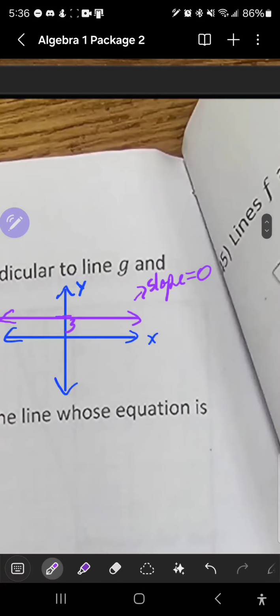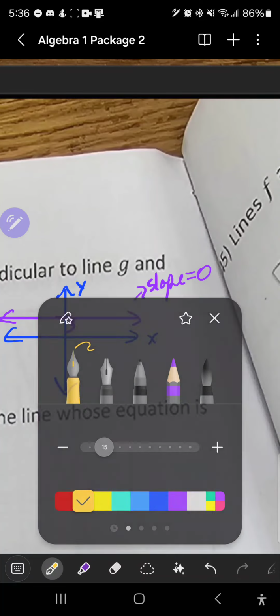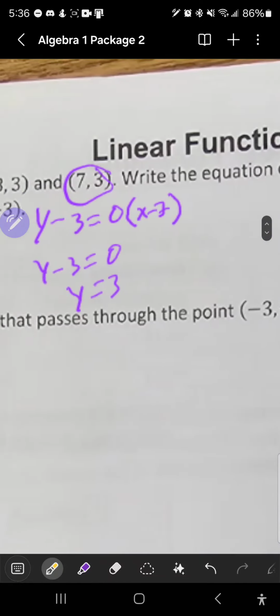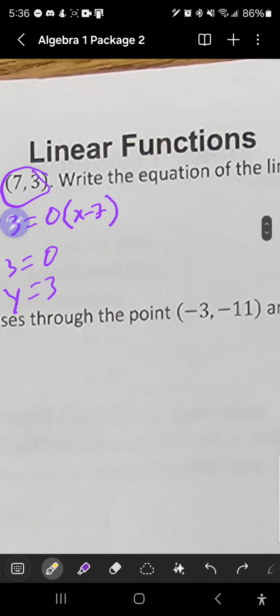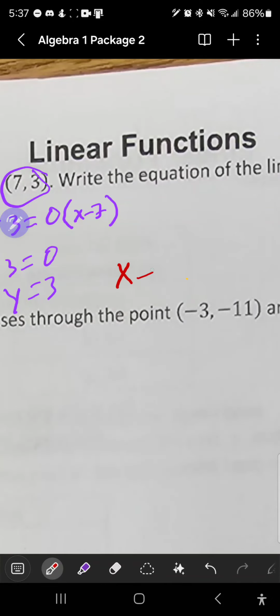Now we want a perpendicular line. A perpendicular line of a horizontal one is going to be a vertical one, something like this. If this is y equals 3, then our perpendicular line needs to be x equals something.